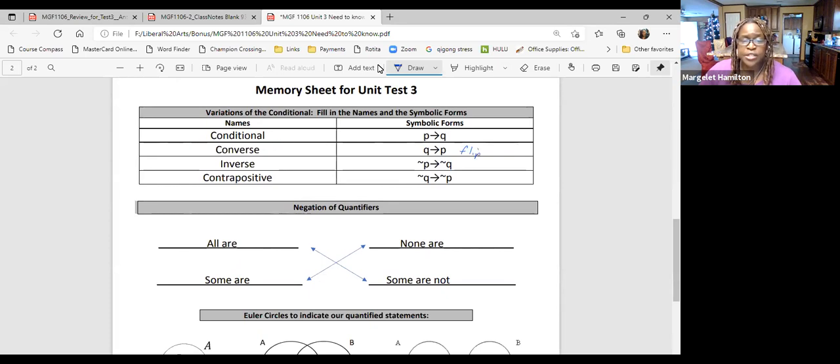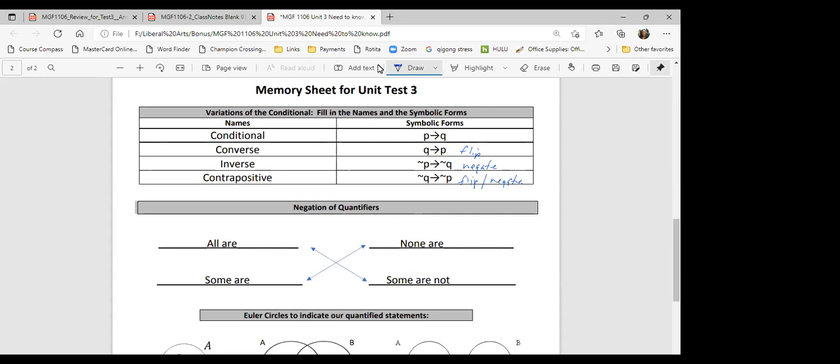The inverse means we're going to leave it where it is, but we're going to negate it. The contrapositive, we're going to do both. Big word, we should do a lot of big things. We should be flipping and negating. Is everybody okay? Yes. All right, good.